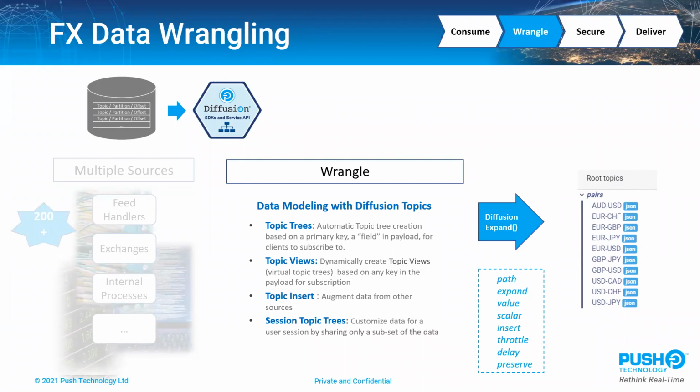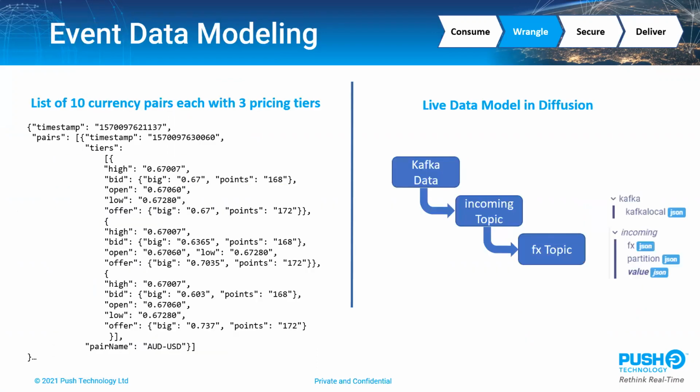You have the ability, maybe for different tiers of consumers that may have different SLAs associated with them, to delay that. You may want to create reference topics that are stored in memory. They're highly accessible, amazingly fast, with our preserve capabilities for consuming data in real time that's flowing through your EDA as events. So let's take a closer look at our data modeling and at our topic trees.